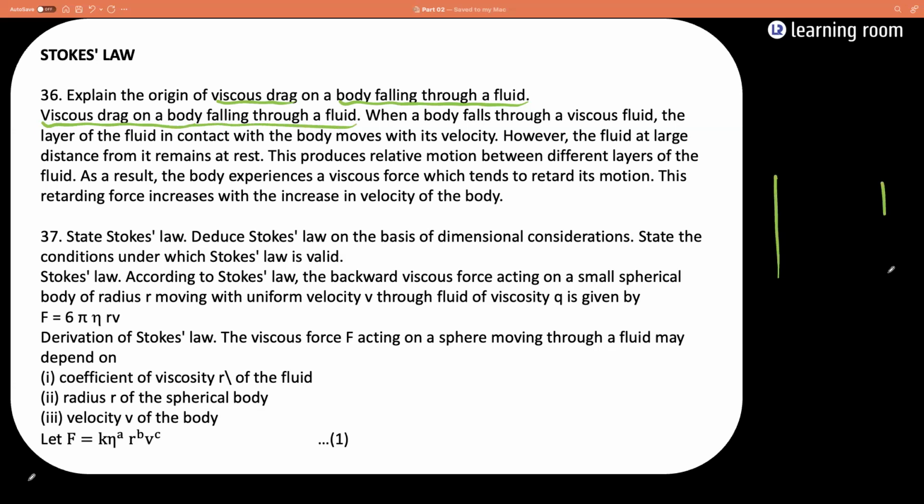Suppose I take this to be the liquid into which a solid is dropped. So when that solid is traveling continuously, it starts experiencing a resistive force which is offered by the liquid on the solid, right?